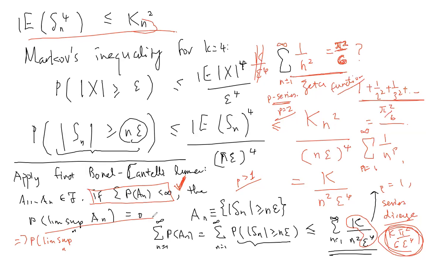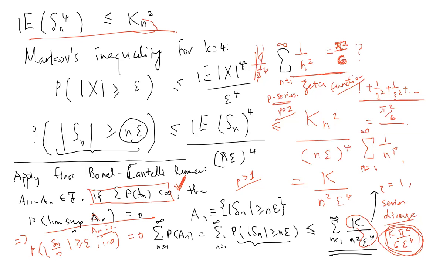So this is true, and this is equivalent to saying that exceeding this infinitely often has probability equal to 0, because the lim sup of An is the same as An infinitely often.